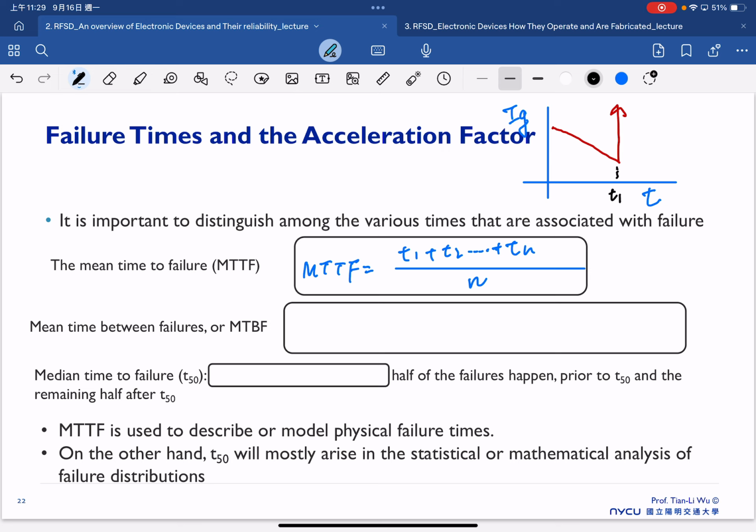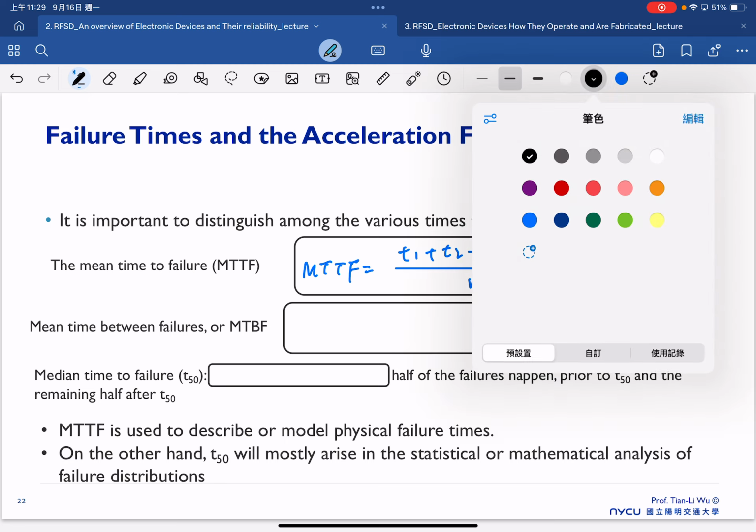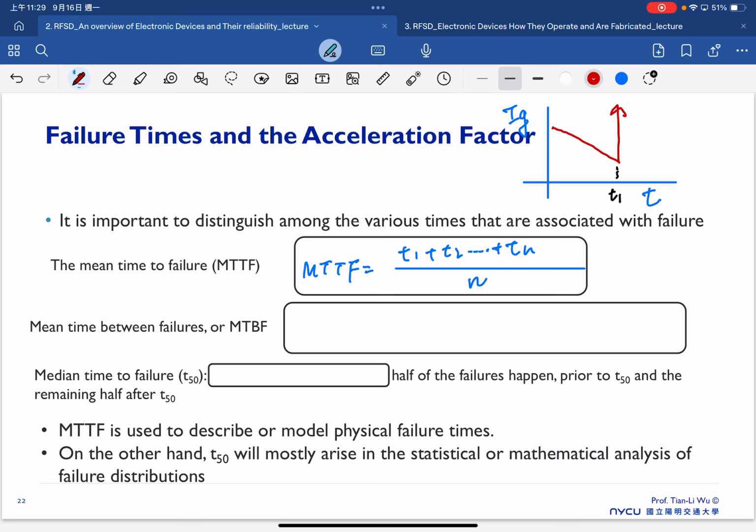But the problem is, if you test multiple devices, they always show a different time. It is impossible that all the devices will show the same T. Therefore, you can possibly have the curve for another device like this, and you can have the curve for another device like this.